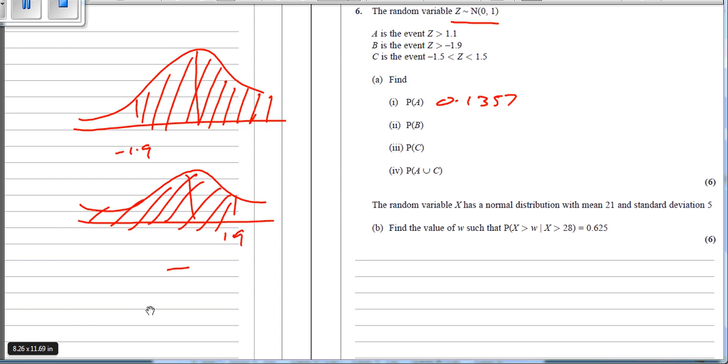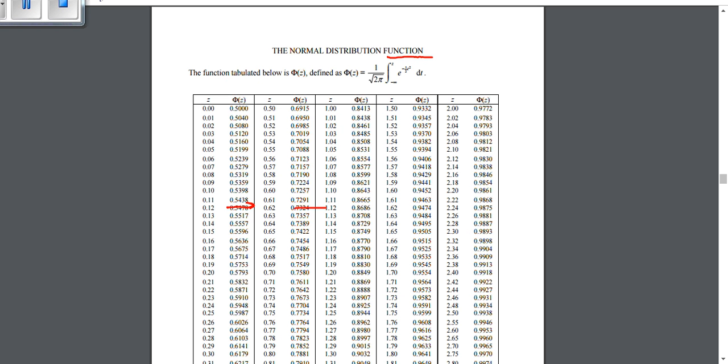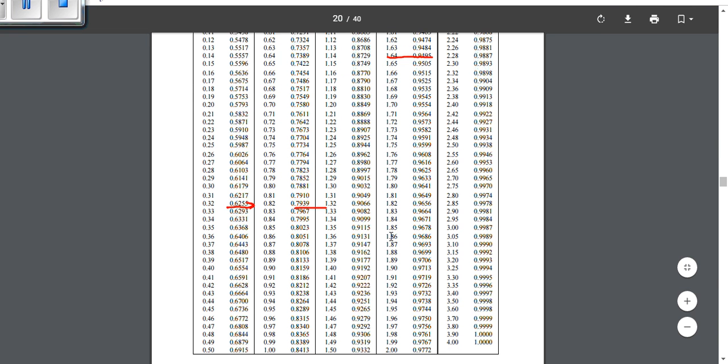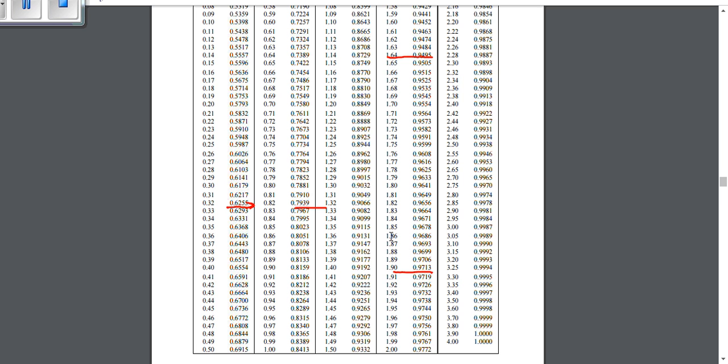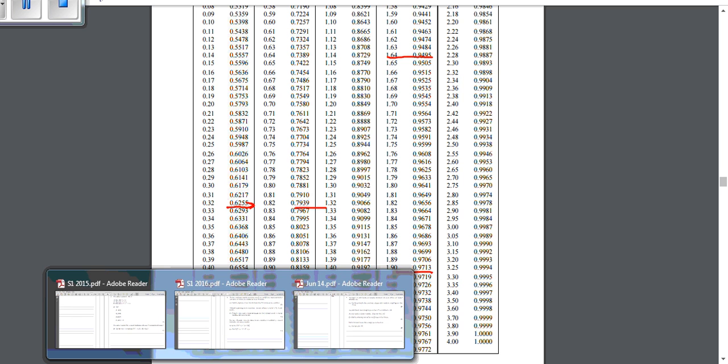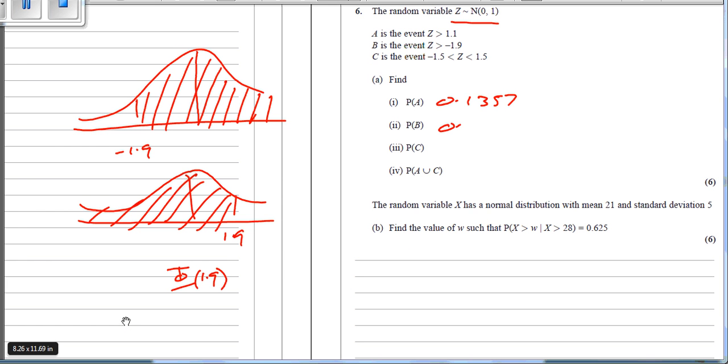So if we just look up phi of 1.9, we scroll down, we get this one down here, 0.9713. And we've got to work out the probability that it's in between minus 1.5 and 1.5.